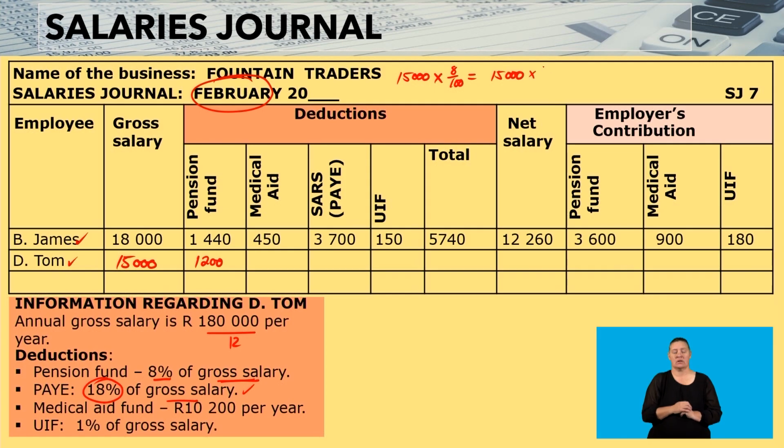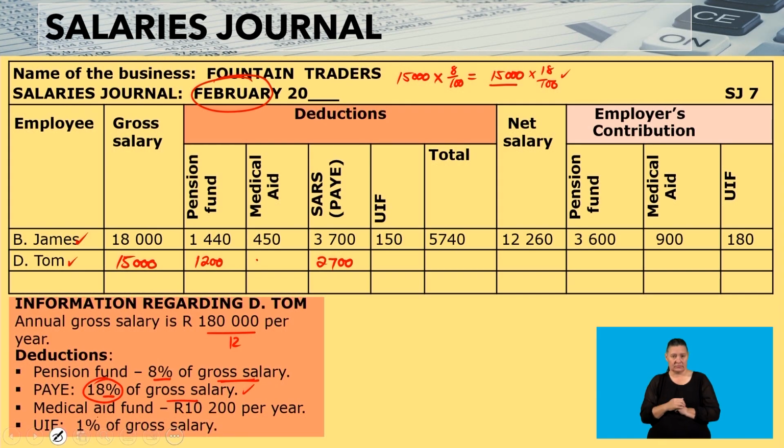And I'm going to take 18% of my 15,000. How much do I get in this case? I want you to quickly punch that in your calculator. Yes, you will get an amount that is, remember, you're using 18%. So you get 2,700. That is for your pay as you earn, 2,700. How did we get that? We said 15,000 multiplied by 18%.